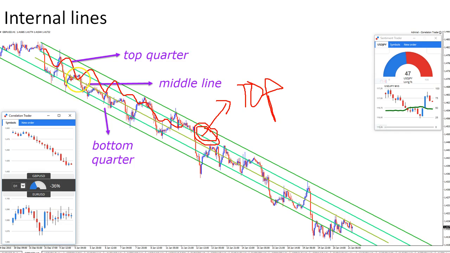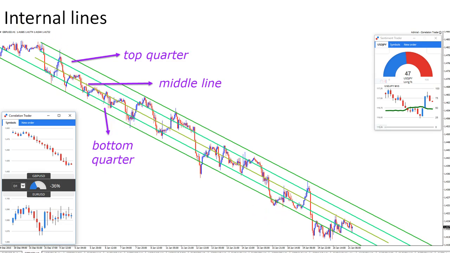Whereas shorting in the bottom quarter, as you can see here, is not so good because then there's a potential of selling into support because we're at the bottom of the channel. And as you can see, that would not have been that good in these spots, except maybe here, the 3rd green circle.